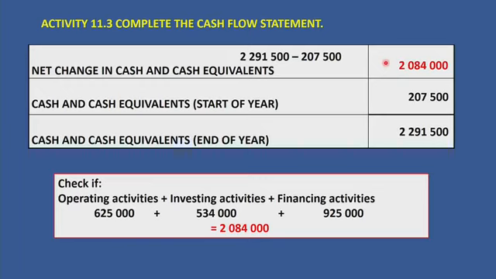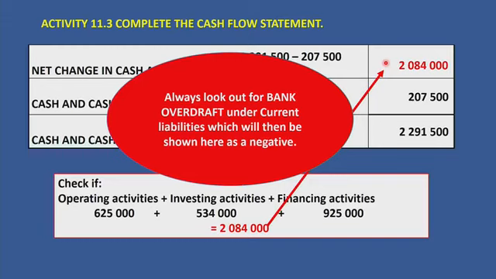You can always do this cash flow, not split up like I did obviously in the 4 different slides, but on your paper below one another to see the big picture, or just look at the memo. I have put a red circle there, or an oval. Always look out for bank overdraft under current liabilities, and then please remember an overdraft will be a negative.